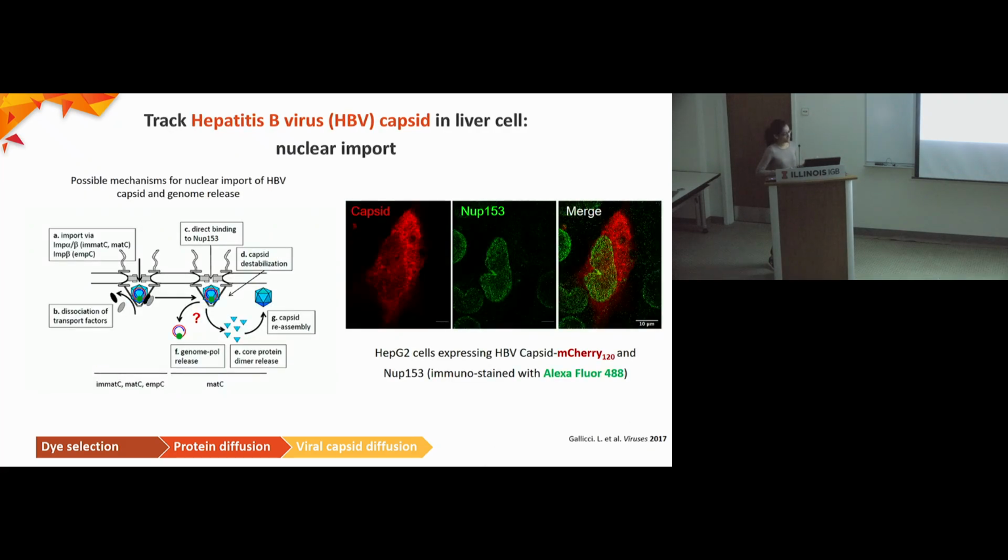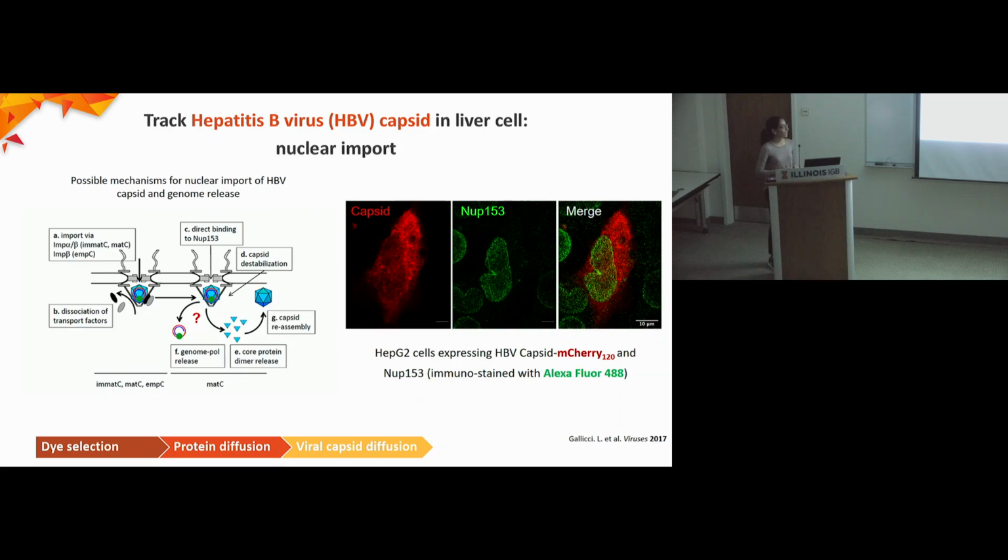And one of the other questions that we want to answer is how the actual capsid diffusion happens and how it happens around the nuclear membrane. This is just an example of the different hypotheses on how the capsid disassembles at the nucleus or the nuclear pore complex, and we hope that we'll be able to see something using MINFLUX, which will help us answer the question.